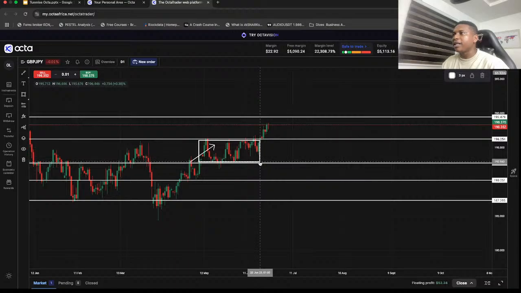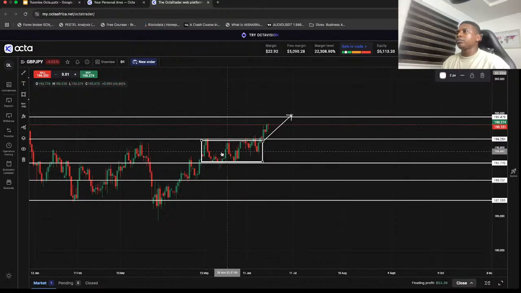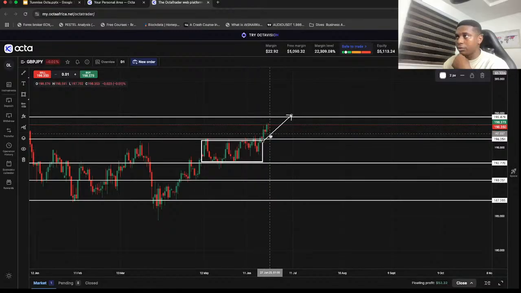So here we can see market rallied at this level and a breakout occurred.